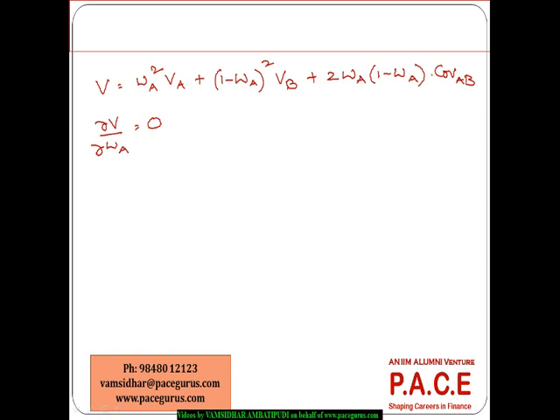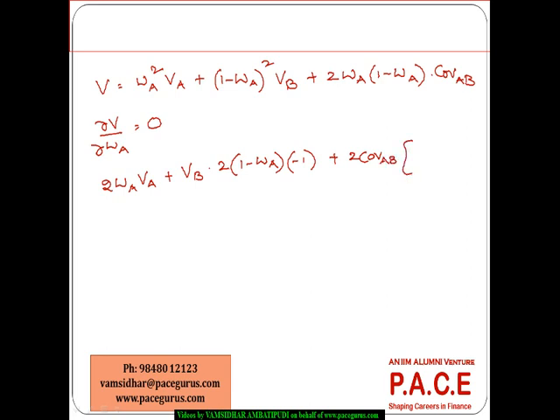So this makes 2 WA variance of A, plus variance of B times 2 into 1 minus WA times minus 1, plus 2 covariance of AB, I'll take it as constant.